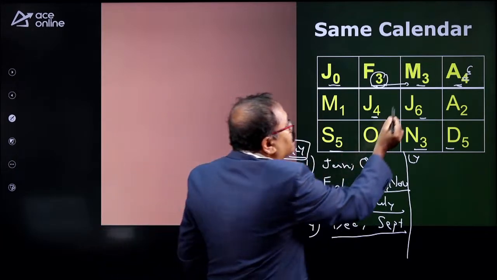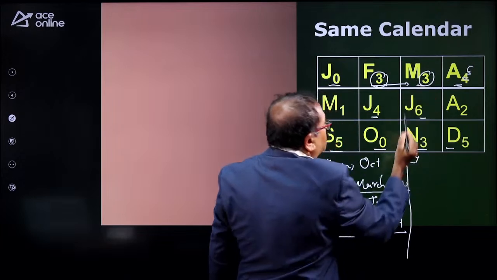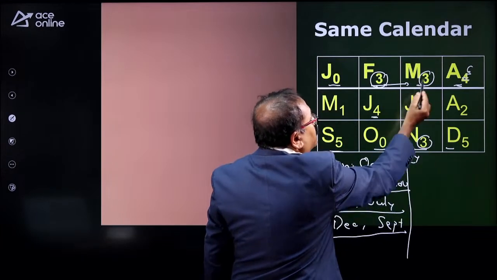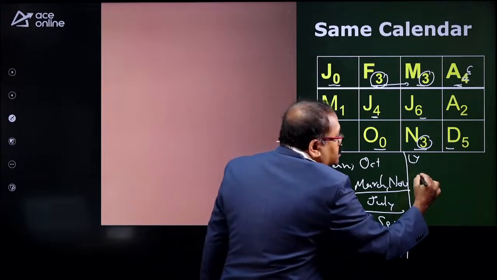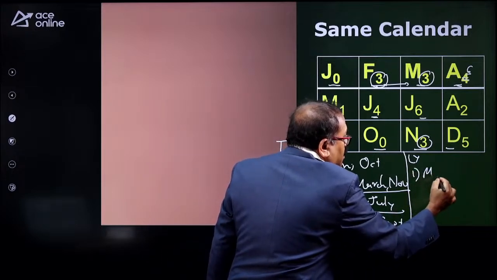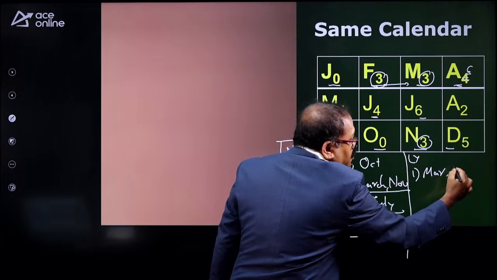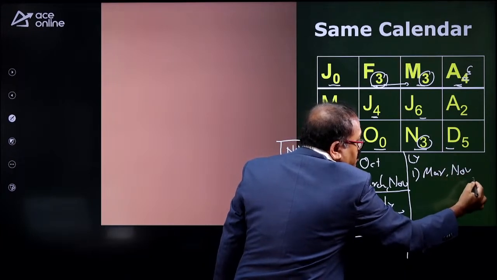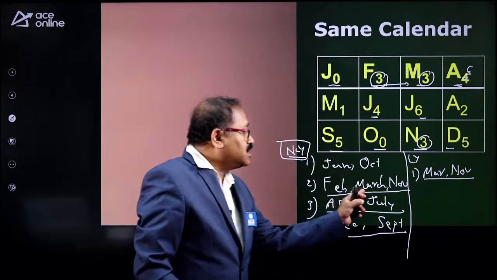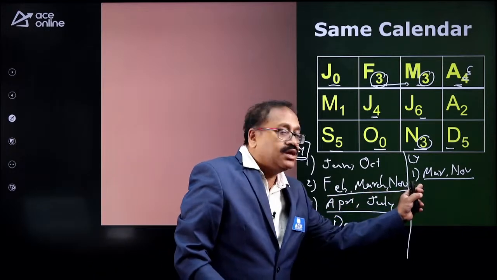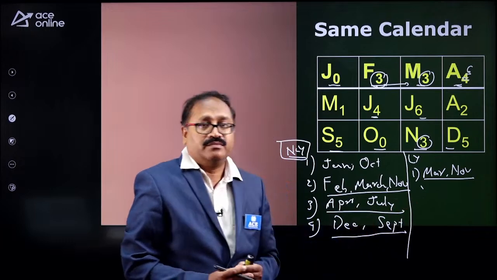But if you count from March to November, February does not come in between. Therefore, the March calendar and the November calendar, these 2 months' calendar will always be the same, whether it's a non-leap year or a leap year.